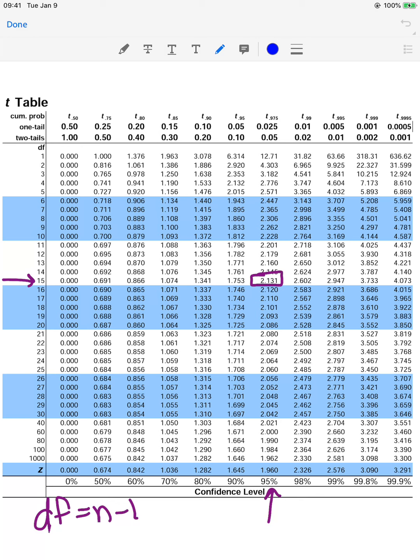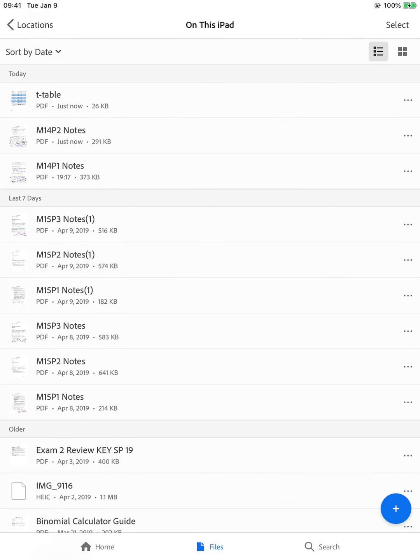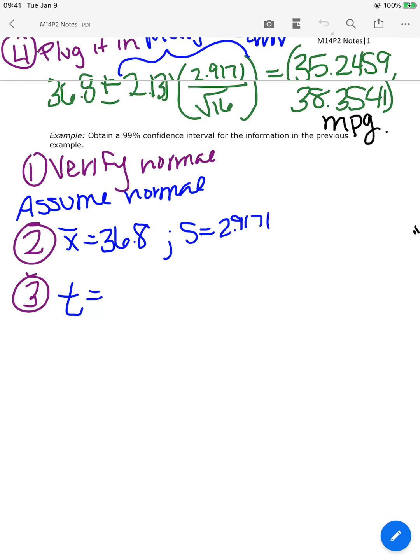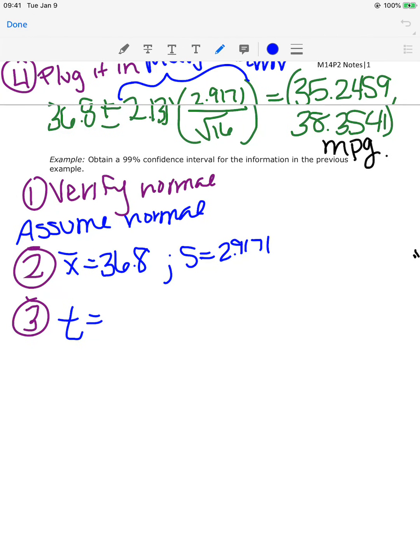This time we're looking at 99% confidence. So I'm going to come up this 99% until I find 15 for the degrees of freedom. And I wrote over it so I can't actually see what that number was. 2.947. So my t value is going to be 2.947.